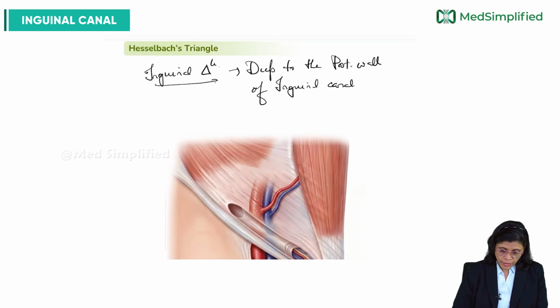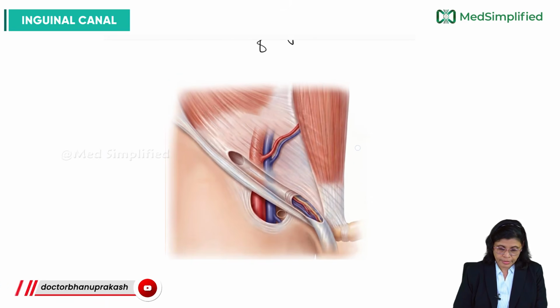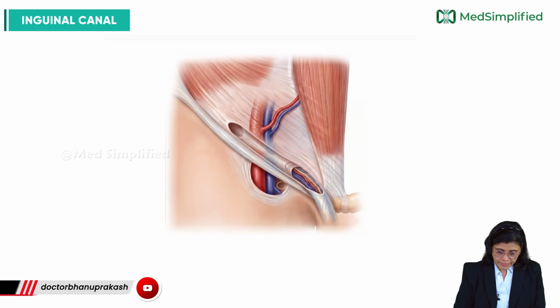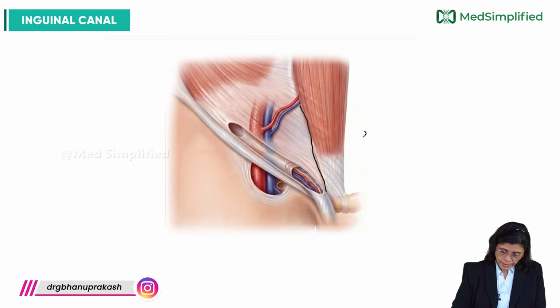So what are the boundaries of this Hesselbach's triangle? Medially, it is bounded by the lower 5 centimeters of the lateral border of the rectus abdominis muscle.